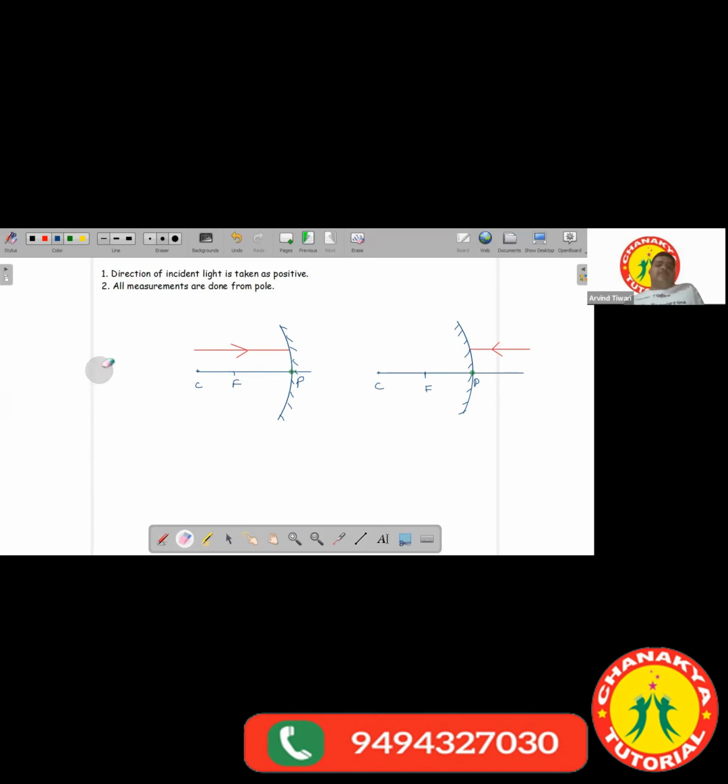Now see, as I told you, all the measurements will be made from the pole. So suppose this is your pole now, and this is your concave mirror.